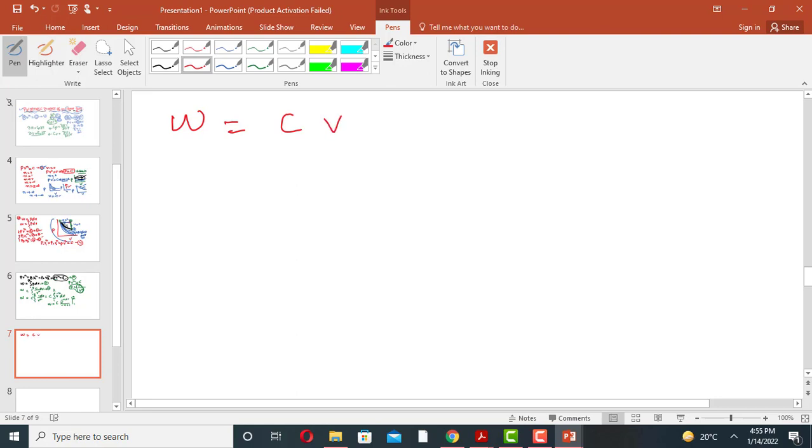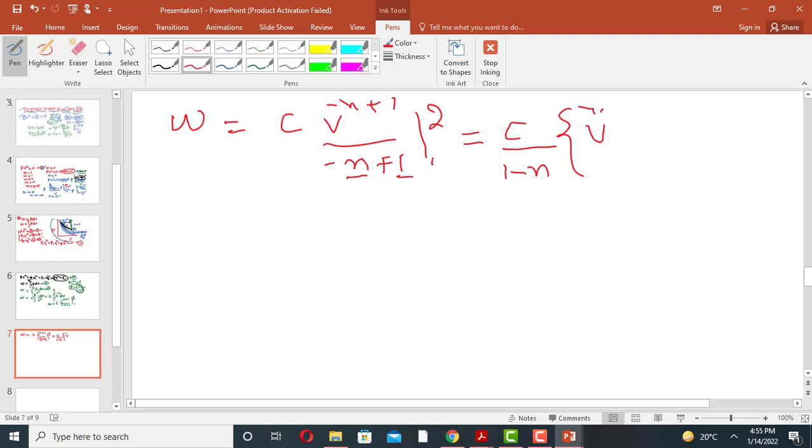That will be equal to C into V^(1-n) divided by (1-n).